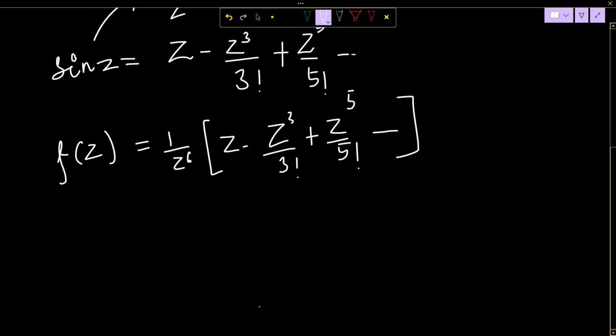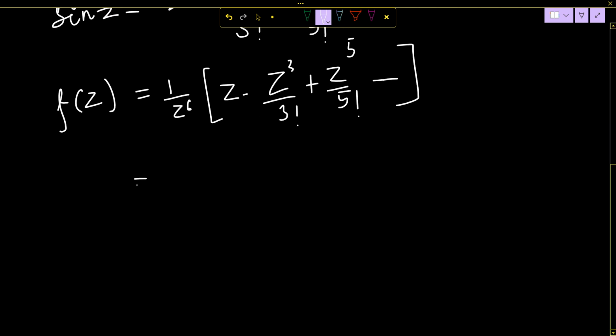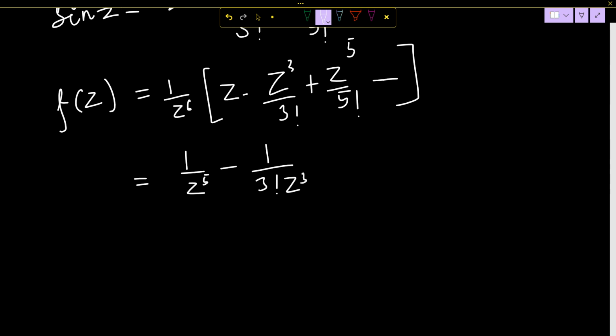If I open the bracket, it will be 1 by z to the power 5 minus 1 by 3 factorial z to the power 3 plus 1 by 5 factorial times 1 by z.